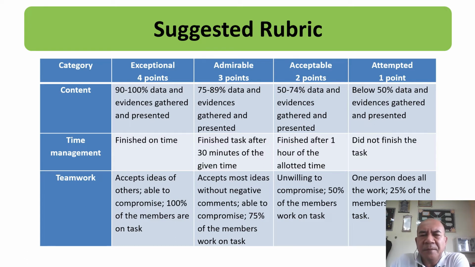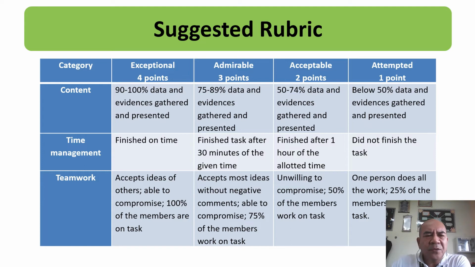For 3 points, 75 to 89%. For acceptable, 2 points, 50 to 74%. And for attempted, only 1 point, below 50% of data and evidence gathered and presented.